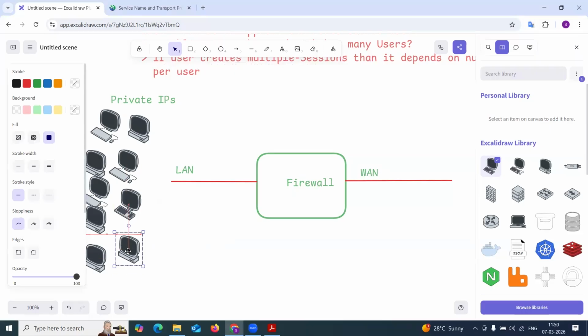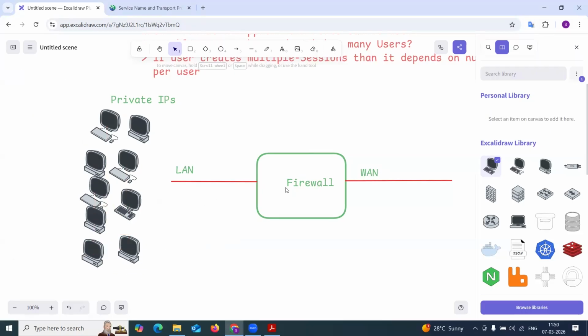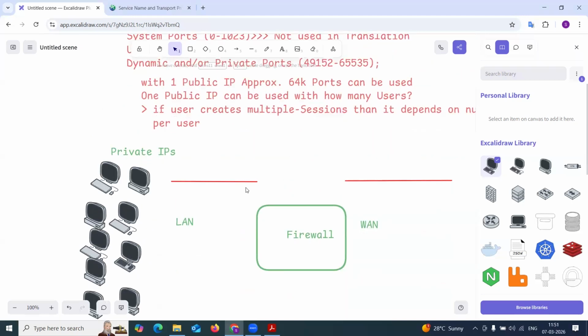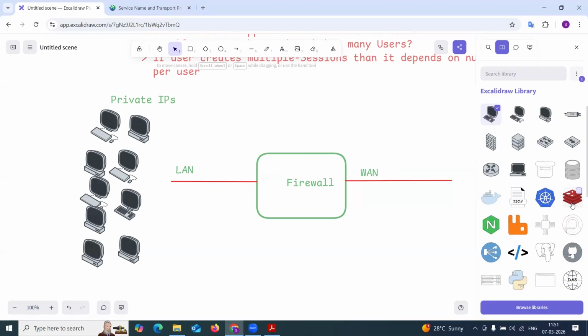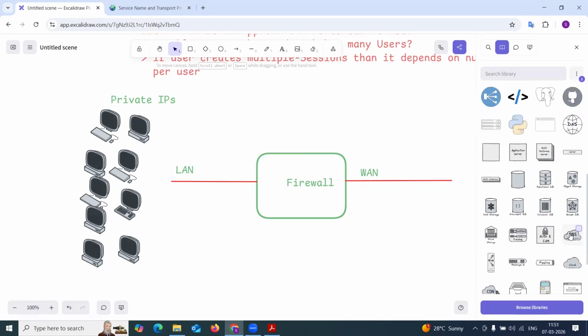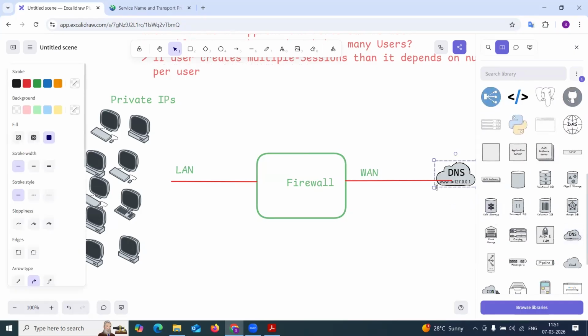So these are the private IPs which need to get translated while going outside, right? So now see here, private IPs, and they need internet access. This is our cloud, which needs internet access.